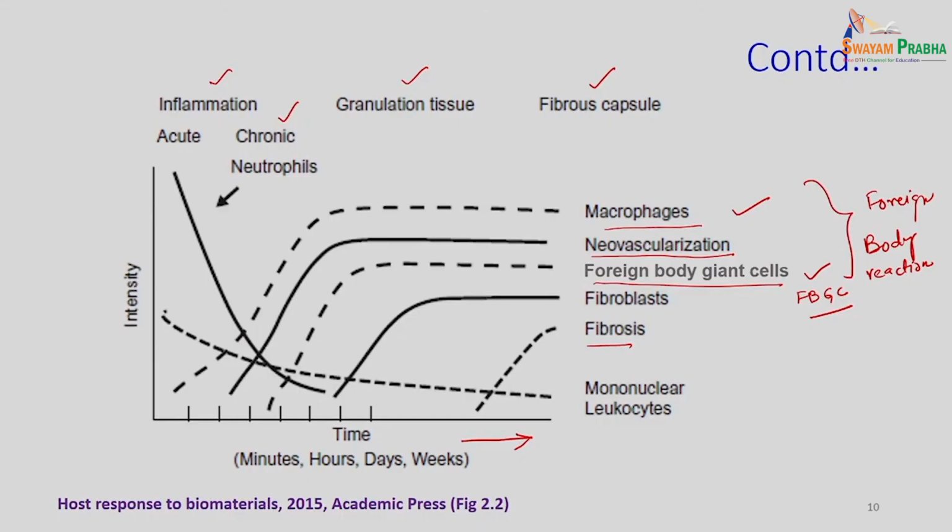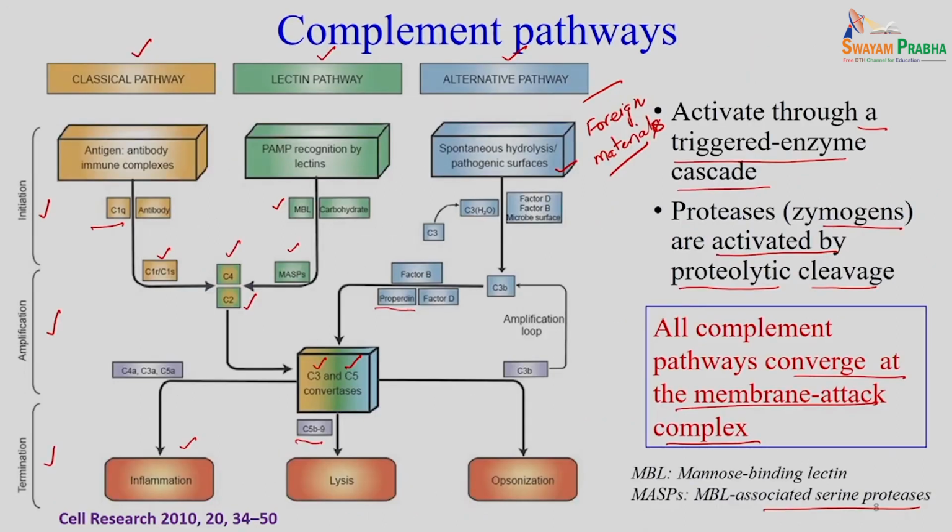Now, depending on the cell surface interaction, there is a host body response, or you can say the host response, that is actuated by the cascade pathways and also by the complement pathways.